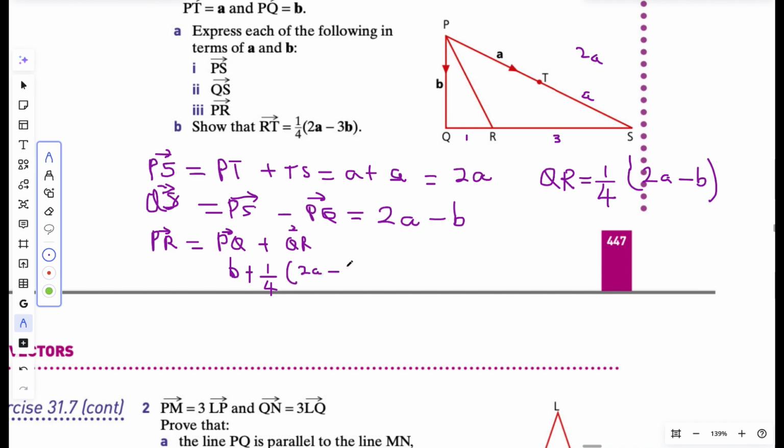Okay, when you get here, what will you do? We simplify by saying this 4 is talking to every one of them.